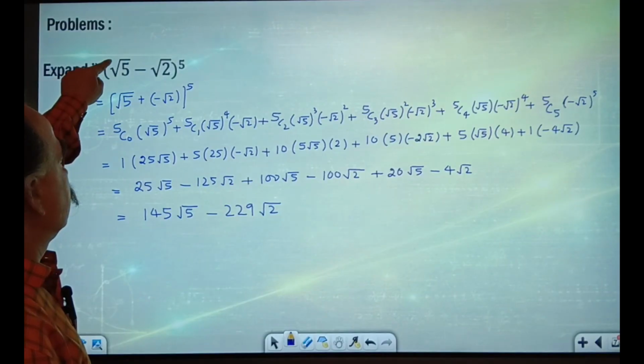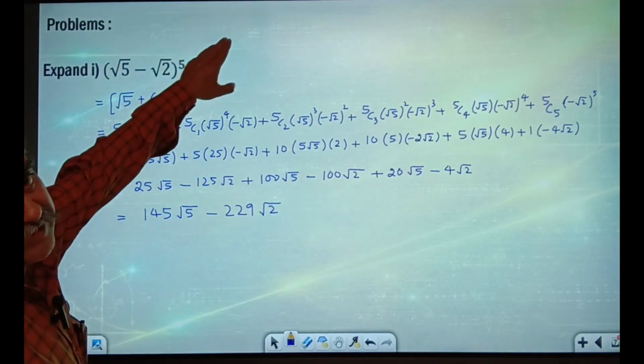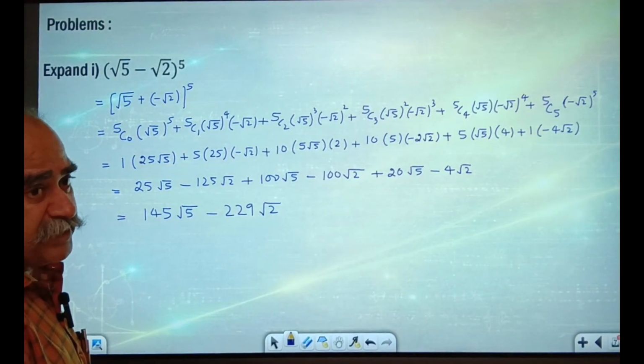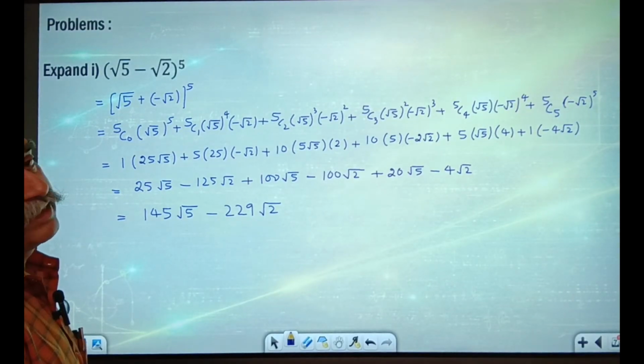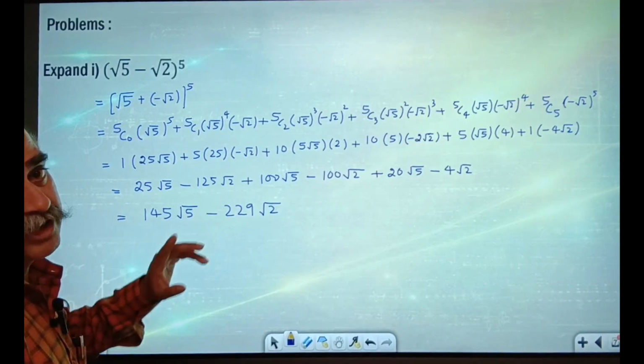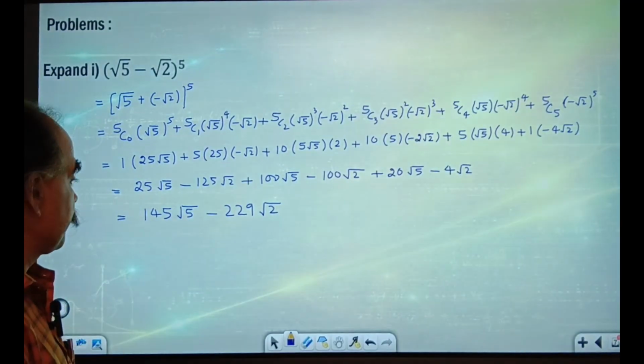Sometimes they will ask root 5 minus root 2 raised to 5 is equal to a root 5 minus b root 2 and they will ask find a and b. So a will become 145 and b will become 229.